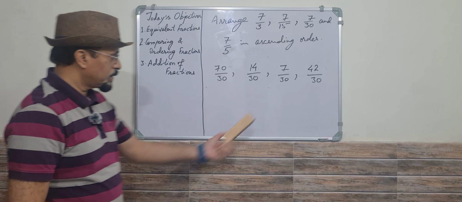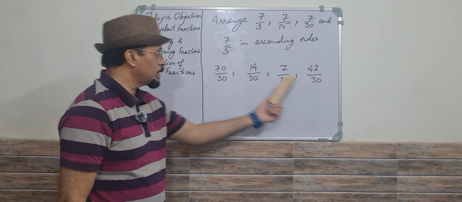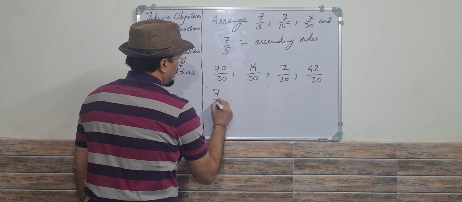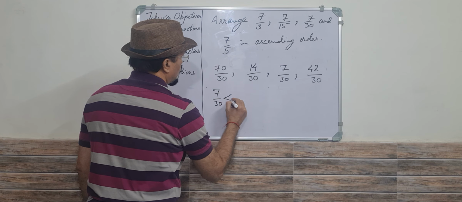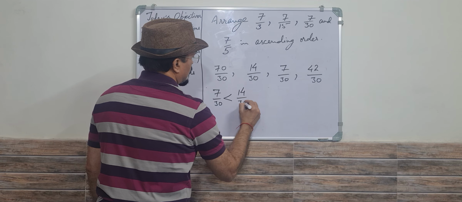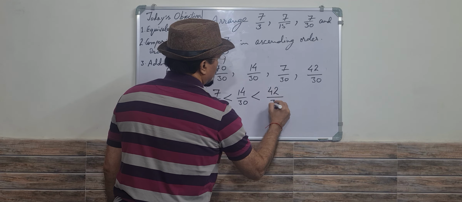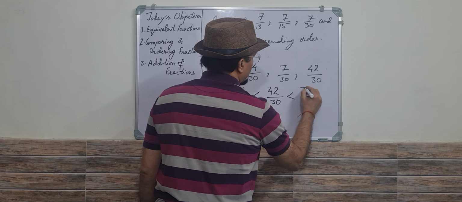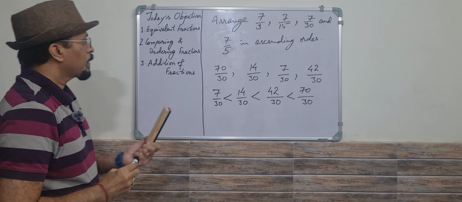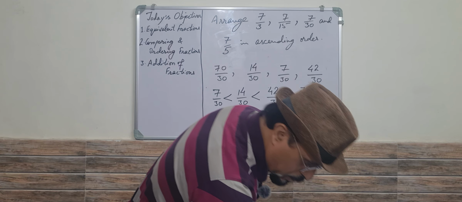So the smallest is 7 by 30, then 14 by 30, then 42 by 30 and then 70 by 30. So 7 by 30 is smaller than 14 by 30, smaller than 42 by 30, smaller than 70 by 30. This is how we arrange them into ascending order.